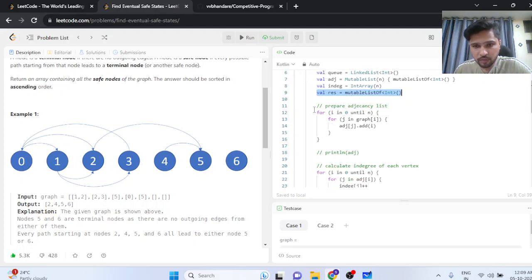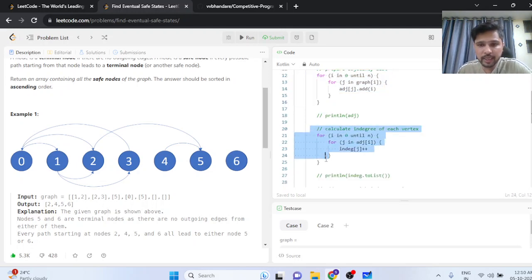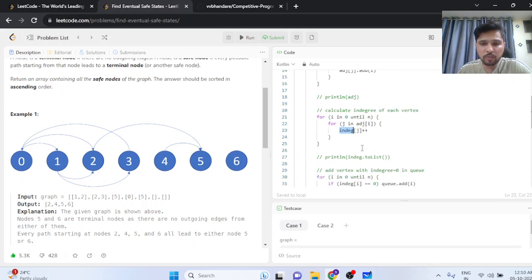As I said, first we have to prepare the adjacency list in reverse order. That is typical standard for the topological sort. Then we are calculating the in degree for each of the vertices from the adjacency list. Whenever there are outgoing edges from that node, you are putting that as the in degree of that vertex.